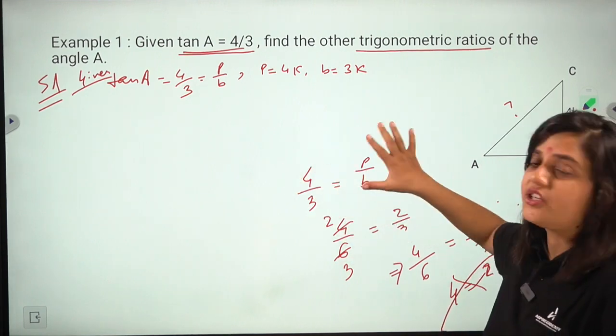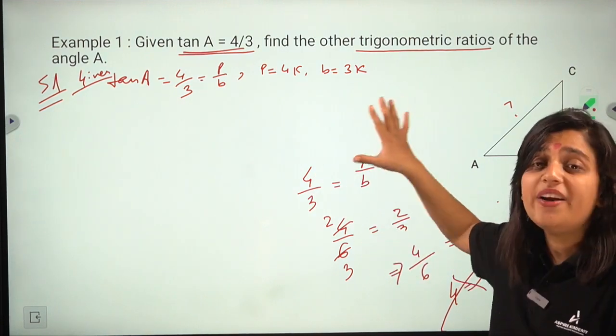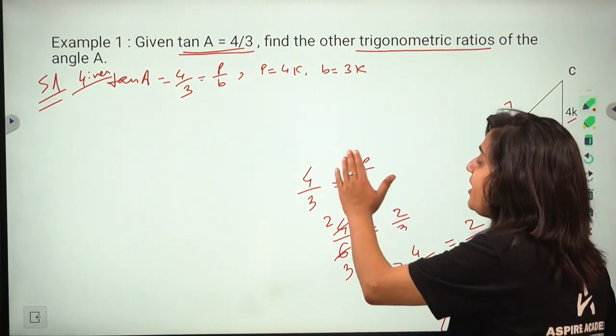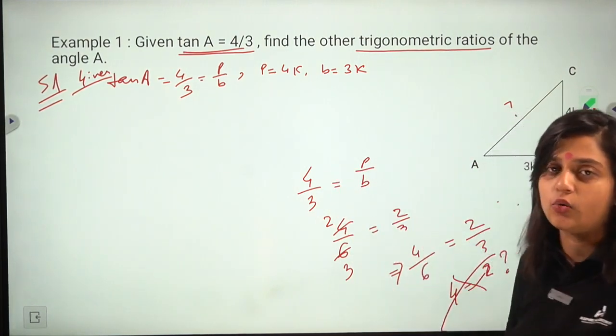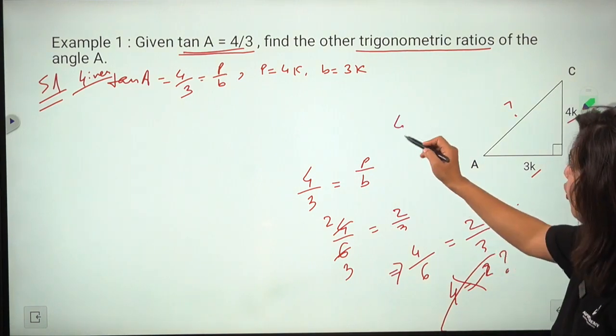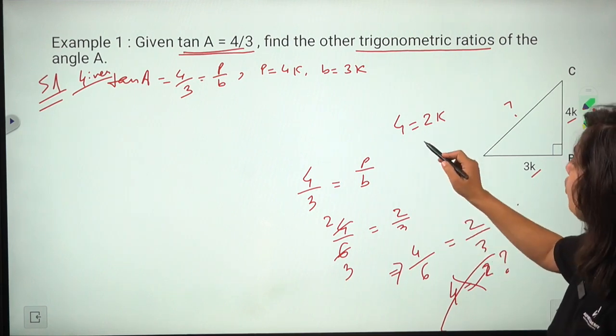So these are ratios. These are not the exact numbers. When ratios are equal, that means ratios are proportional. It doesn't mean that numerator and denominator will be exactly equal. So what we can do is 4 equals 2K. What will be K? Here K will be 2.